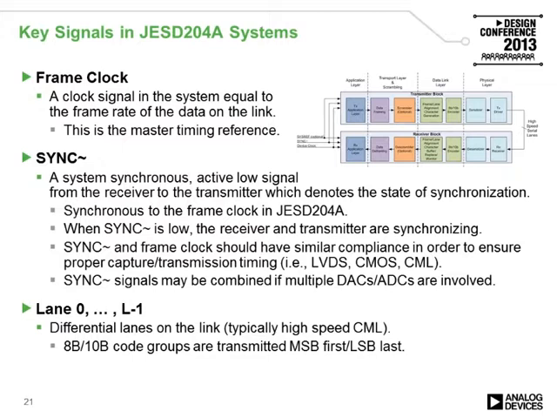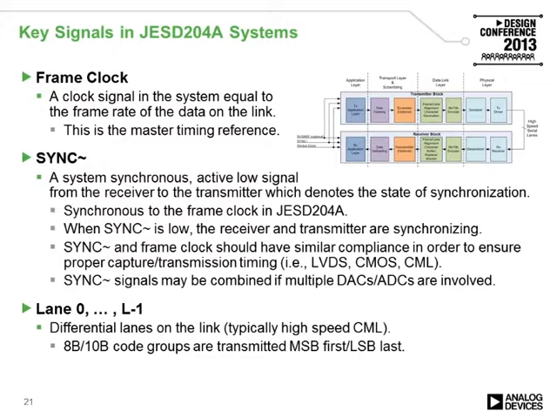The SYNC~ signal is a system synchronous active low signal that goes from the receiver to the transmitters and denotes the state of synchronization. This signal is synchronous to the frame clock in JESD204A. When the signal is low, it implies the receiver and transmitter are synchronizing.